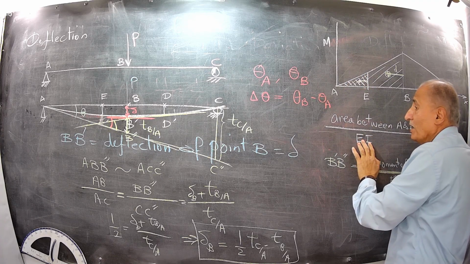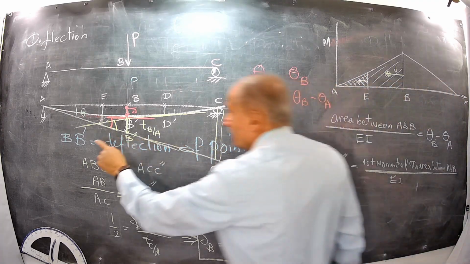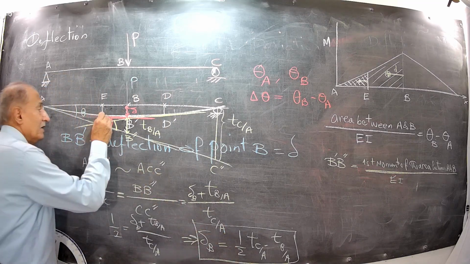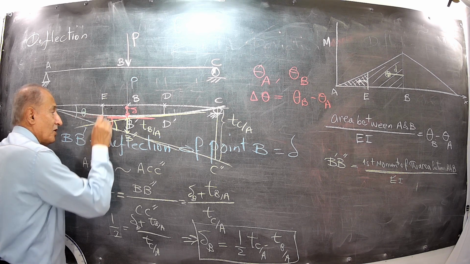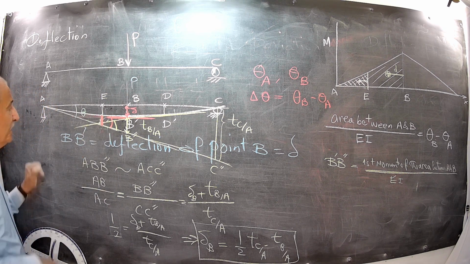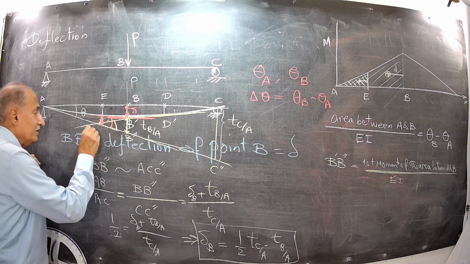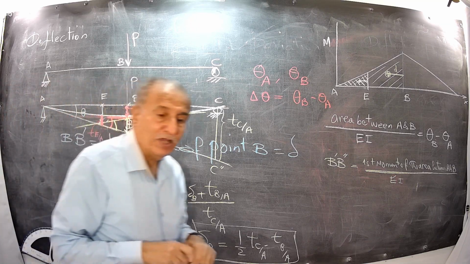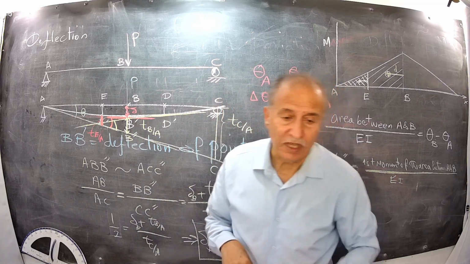Divide by EI, and it is equal to these deviations that I show with red color, TEA, the deviation of E with respect to A.